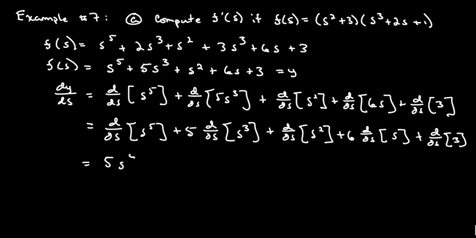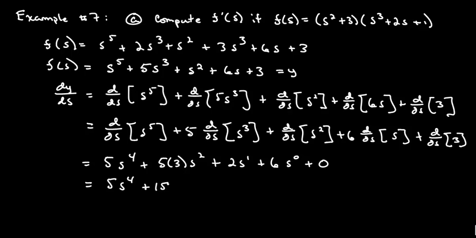So this is 5s to the fourth plus 5 times 3s squared plus 2s to the first plus 6s to the 0, 6 times 1 is 6, plus 0 here, because d/ds of 3 is 0. So 5s to the fourth plus 15s squared plus 2s plus 6. So that's going to be our dy/ds, or f prime of s.